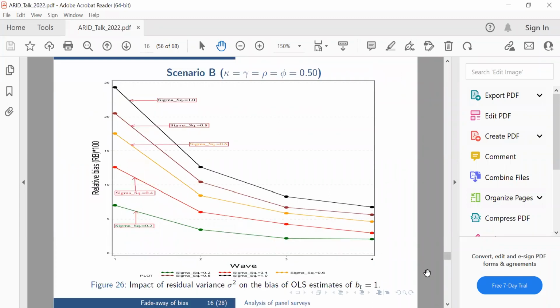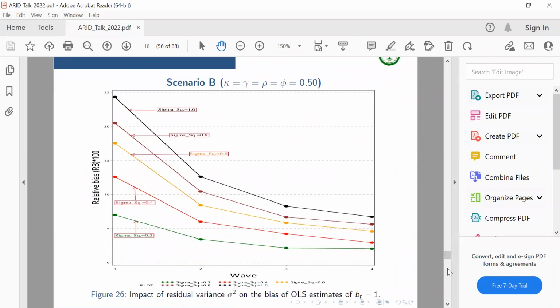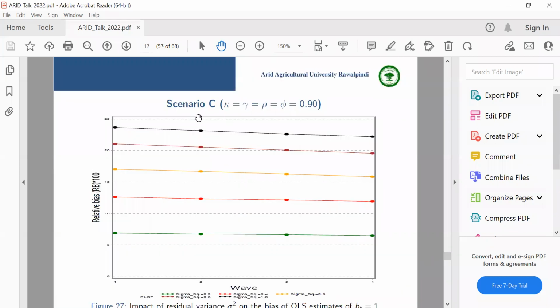In the extreme scenario, for example scenario C, when these parameters, kappa, gamma, and any parameter of this kind, are extreme, for example 90%, it means that the later regression model does not play any role. We are providing the old parameter to the respondent.